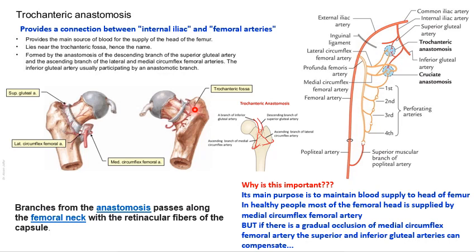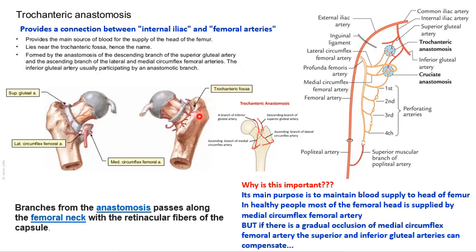And this trochanteric anastomosis provides a link of connection between the internal iliac and the external iliac arteries, which in turn is continued as femoral artery.